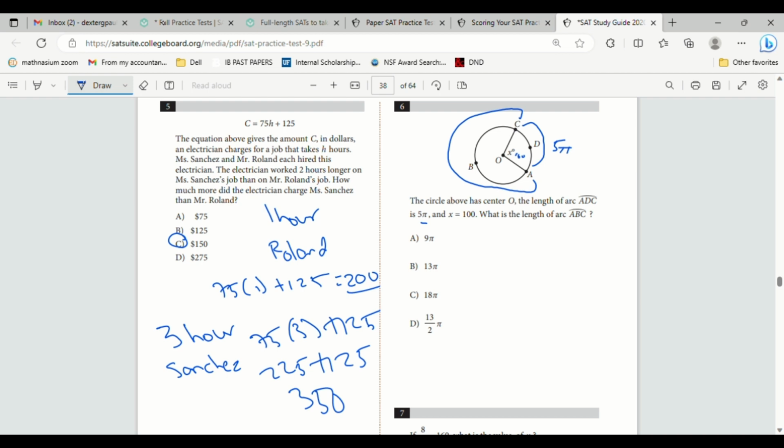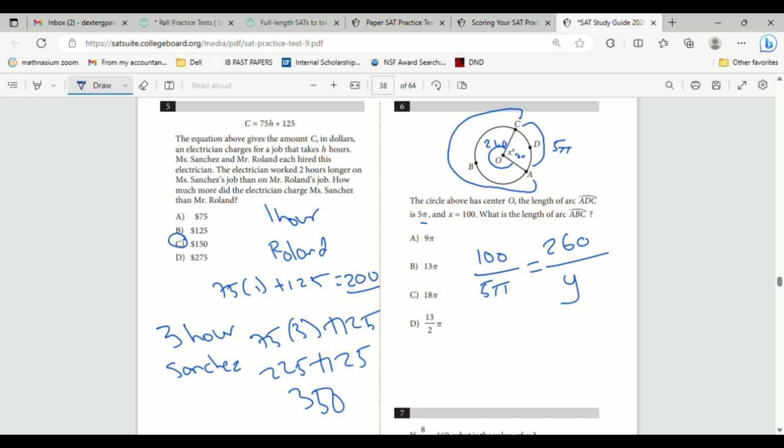So we can set up a proportion. 100 degrees over 5 pi equals, well, there's 360 degrees in a circle, so this angle here must be 260, because 360 minus 100, so 260 over, we don't know, so we'll call that variable y.